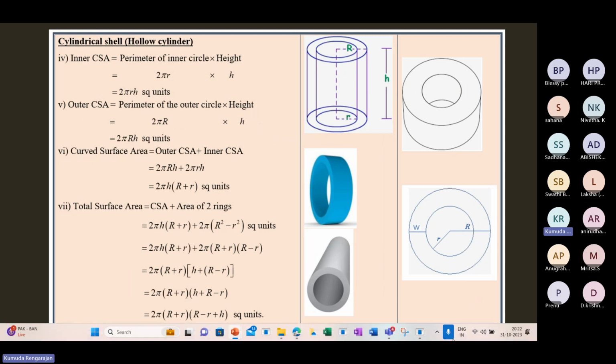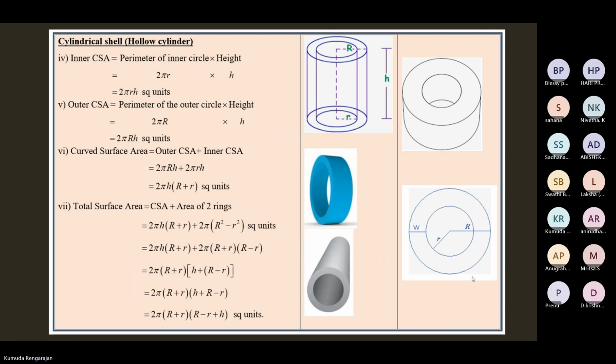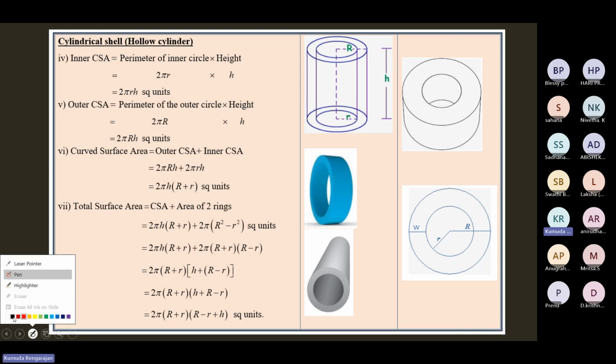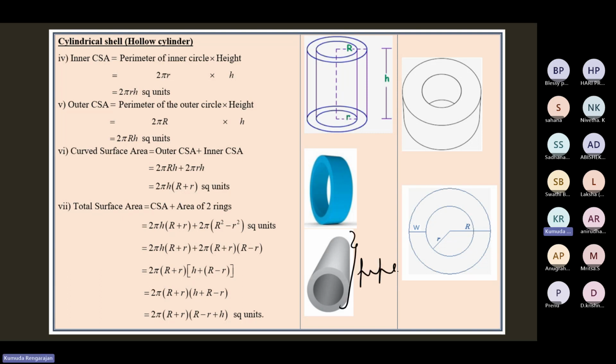Okay, so you can see the picture of a pipe. So let's see the surfaces here. This one is the pipe spoken about in questions 2 and 3. Inside, we have the inner curved surface area.